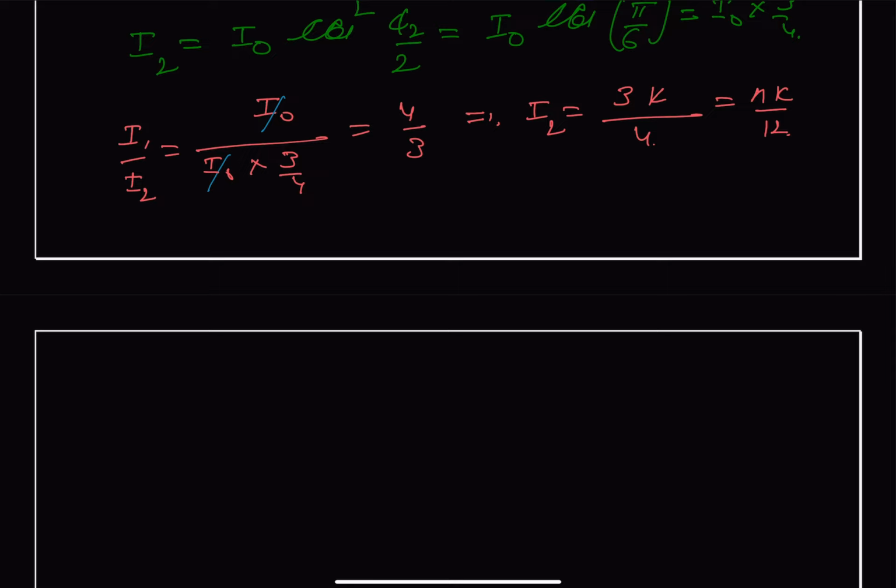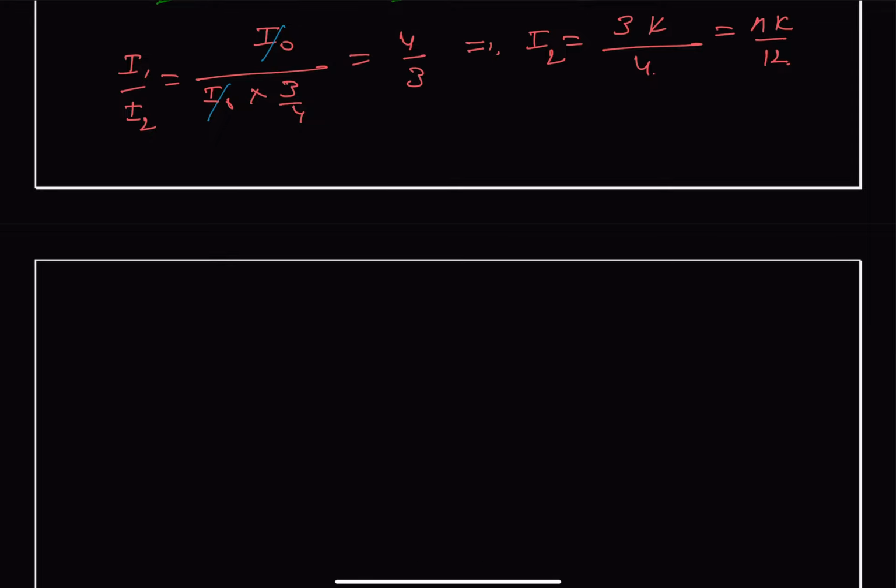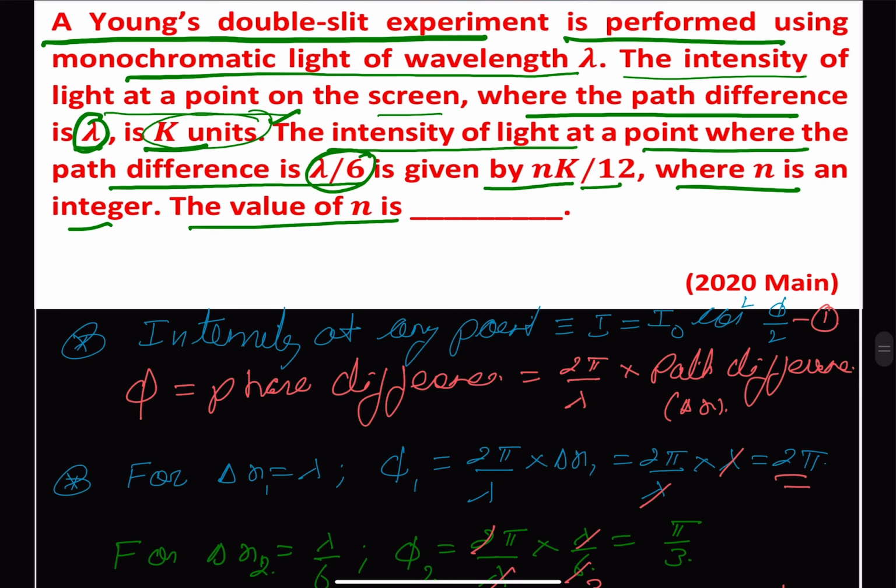And in order to make it equal, we can just sort it out, and we can write this as 3K by 4 divide and multiply by 3, giving us 9K by 12, which is equal to NK by 12. Therefore, value of N is equal to 9.